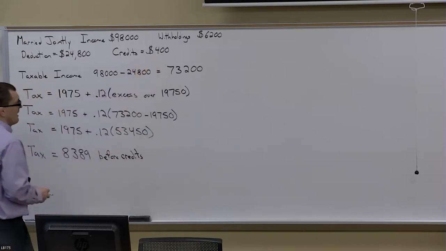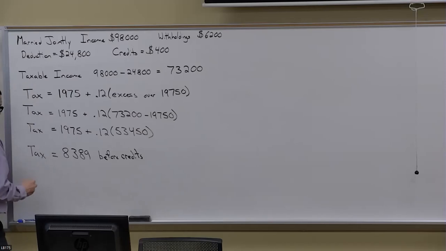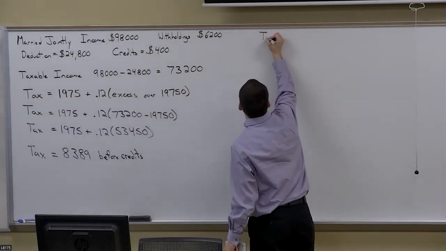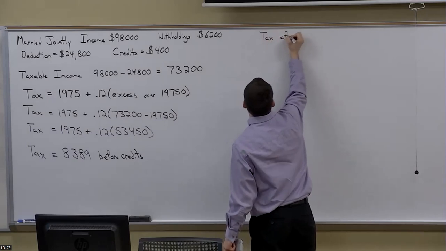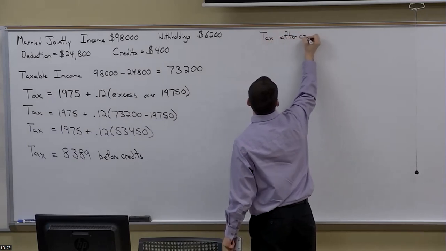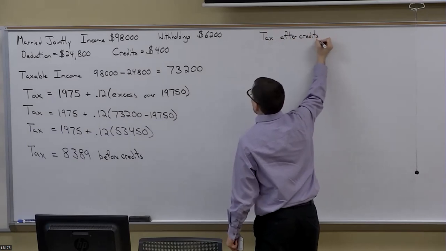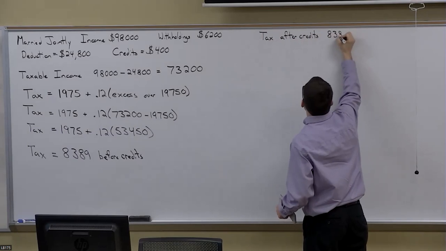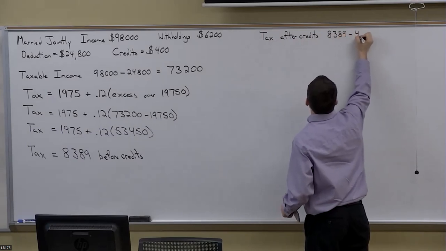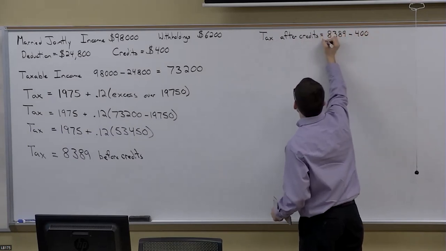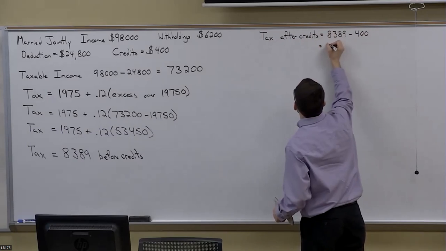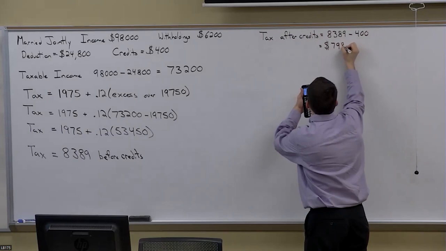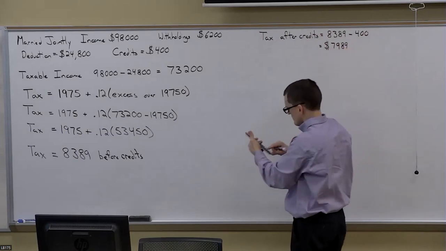So the tax after credits, right over here, I take my before credit tax, subtract my credits, and the tax amount after credits is $7,989.